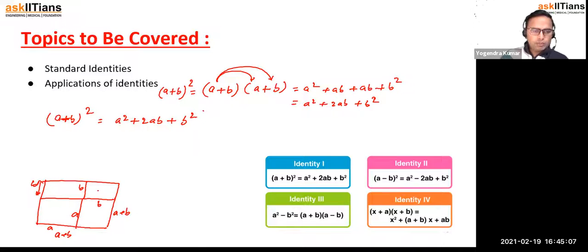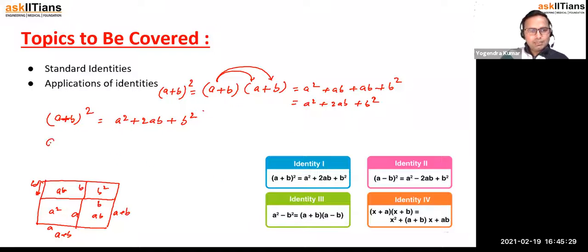So this is a square of b square area, this is a square area, and this is a rectangle of ab area. So the total area will be a plus b into a plus b, a plus b whole square, and you can see a square plus b square plus ab plus ab. So that's why 2ab. You can understand this way.